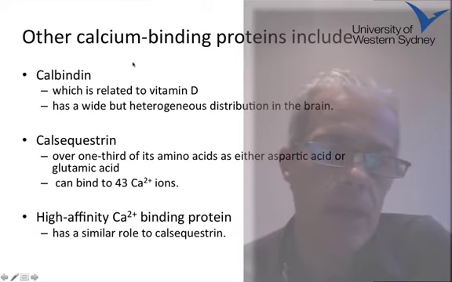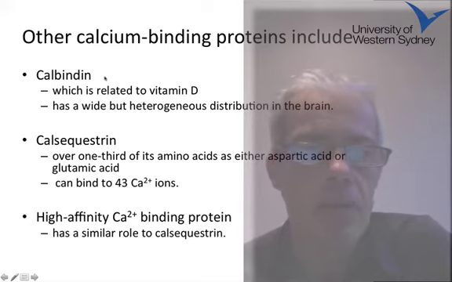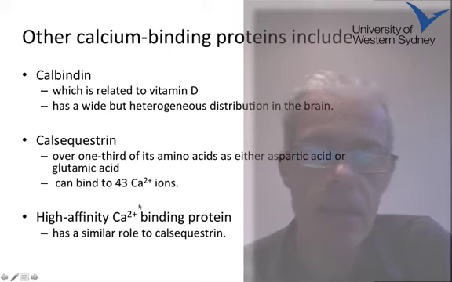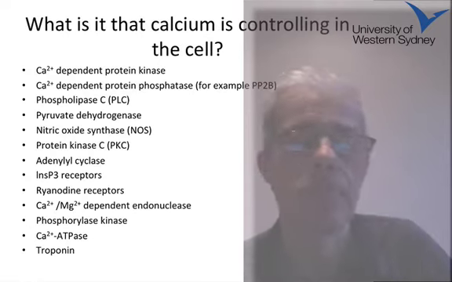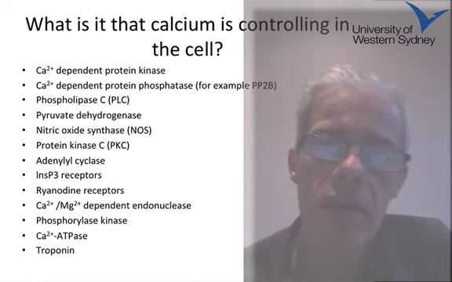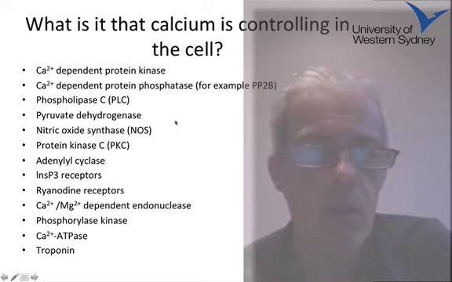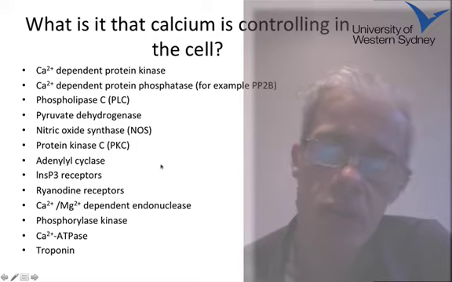Other calcium binding proteins are calbindin, calsequestrin, and high affinity calcium binding protein. So what is it in the cell that the calcium is controlling? Well, there's a whole bunch of proteins that we've come across which can be controlled by calcium.